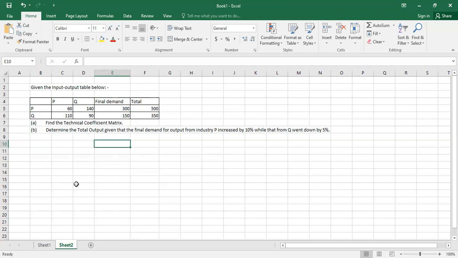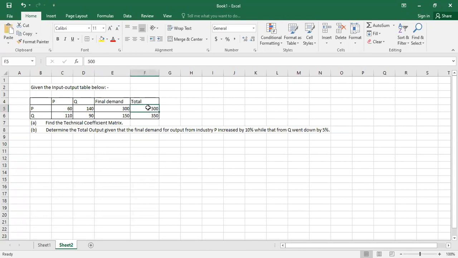So the first thing is to get the technical coefficient matrix. So we are looking for A. Look, we have P, and our output is 500.